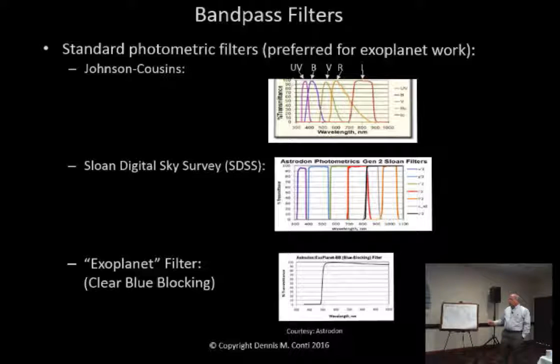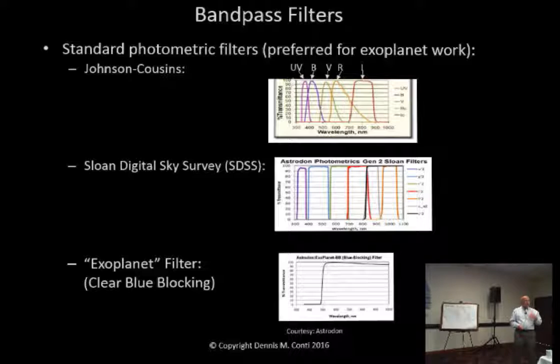So a lot of amateurs use this filter. However, for work where we're dealing with professionals, the preference is to use a standard filter. Why is that? One reason is so that measurements between two different observations can be more comparable. And if you remember, I talked about limb darkening before.